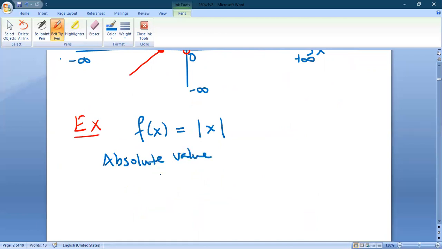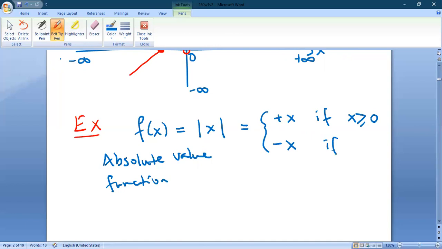So what is the absolute value function? Well, it gives plus x if x is greater than or equal to 0. It gives minus x if x is less than 0. So remember this function: if you put in some positive numbers, f of 5 will be the absolute value of 5.